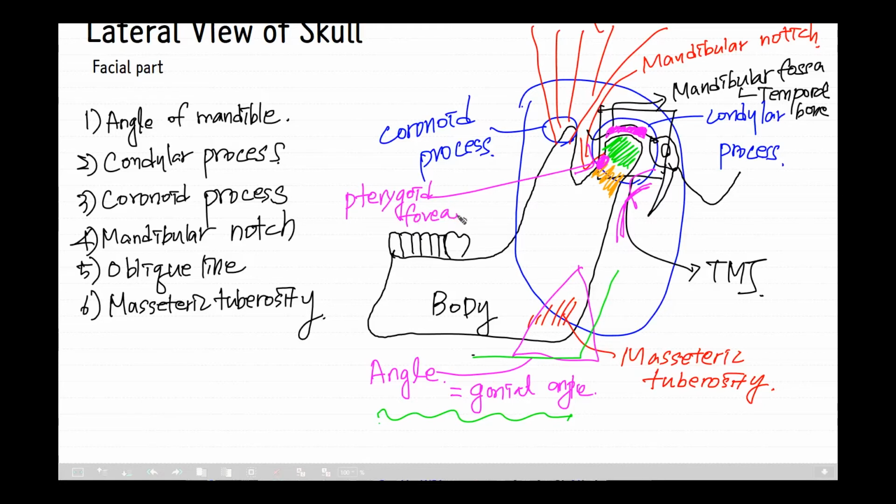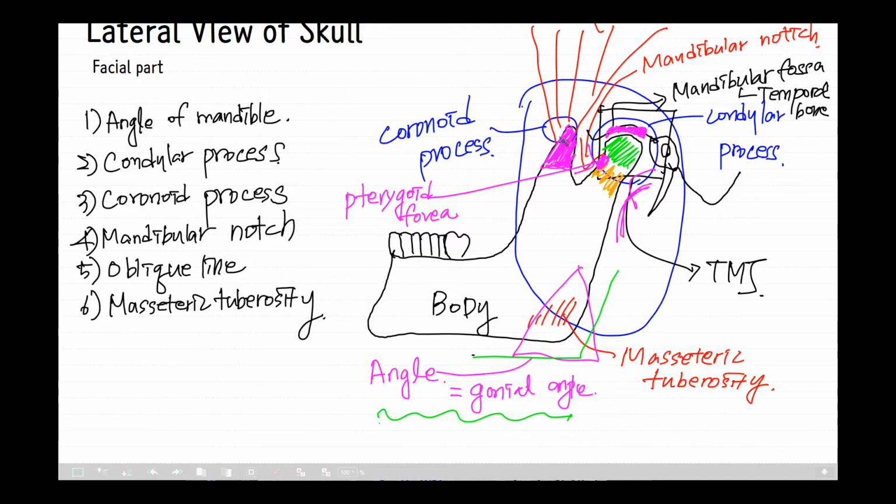The coronoid process. The coronoid process is a thin triangular eminence, flattened from side to side and varies in shape and size. Its anterior border is convex.